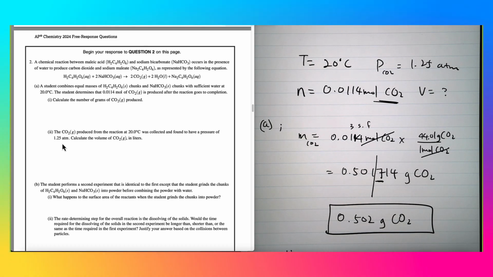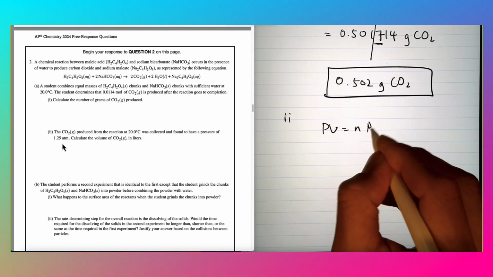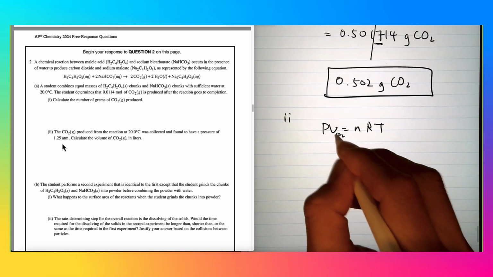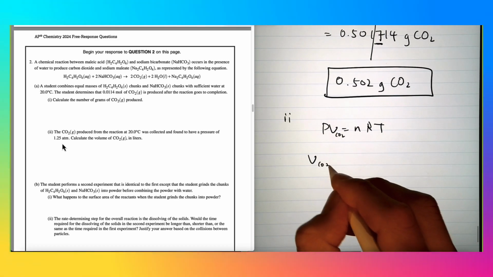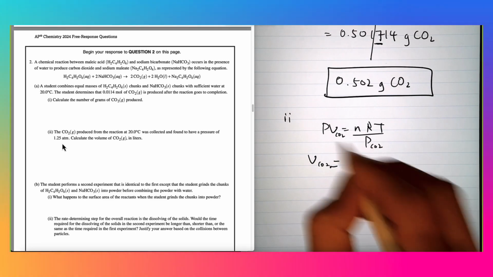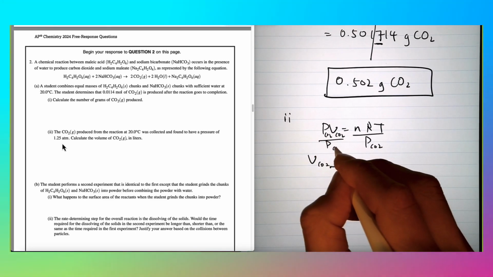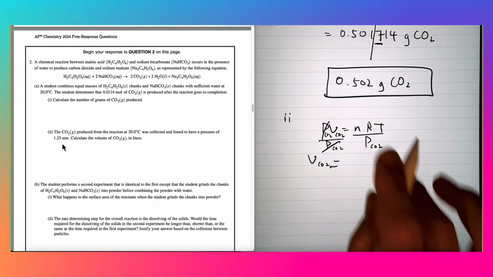PV equals nRT. So we start with that. We're looking for the volume of carbon dioxide, so let's divide both sides by the pressure of carbon dioxide. You can cancel that out.